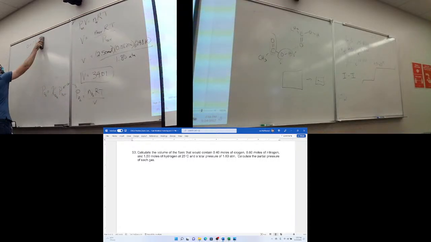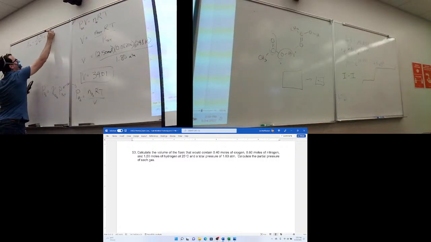Less calculation. So the mole fraction of oxygen is 0.4 divided by the total moles, 2.5. That's 0.16.